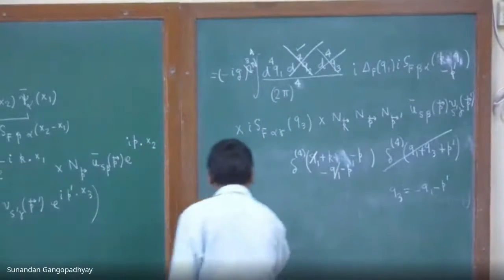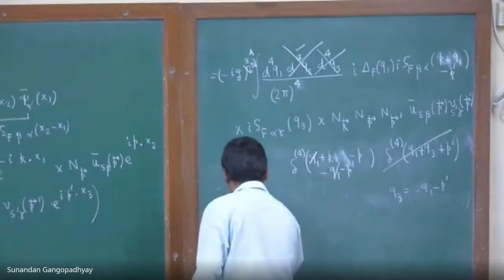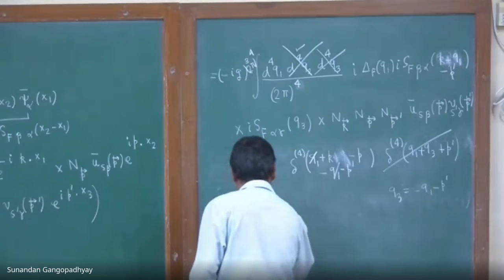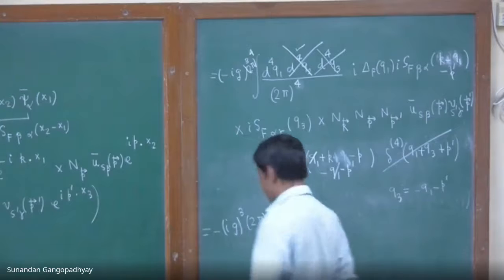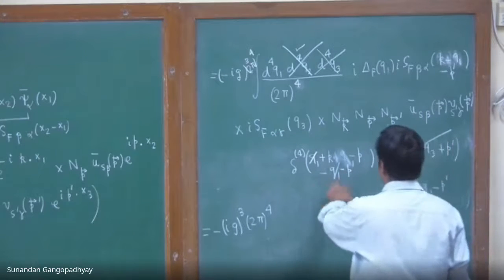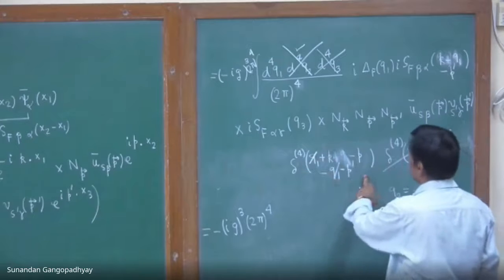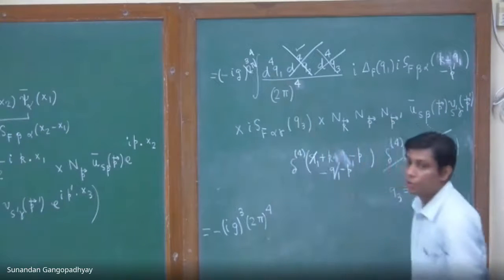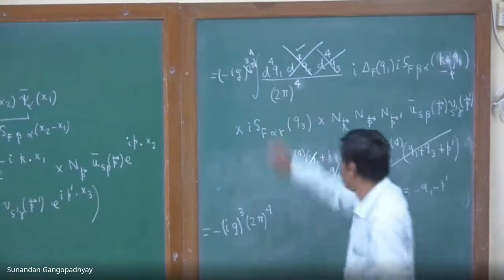So what we have is minus i g to the Q, 2 pi to the 4. See, this Dirac delta function does not involve any Q1, so you can take it outside the Q1 integral.